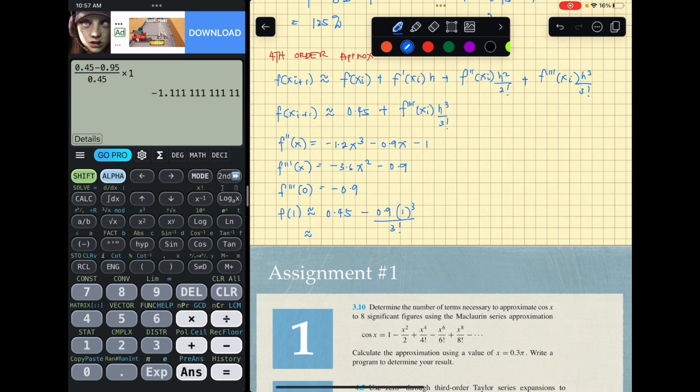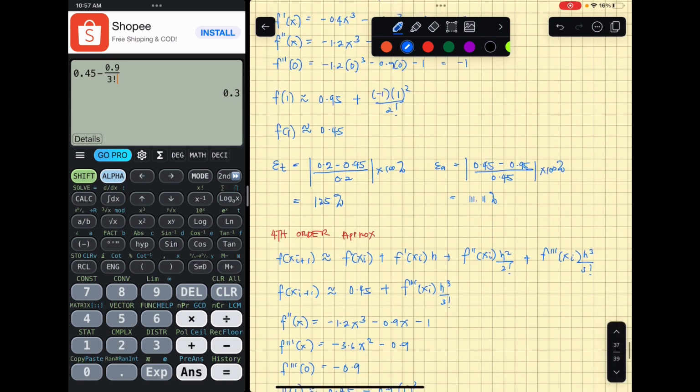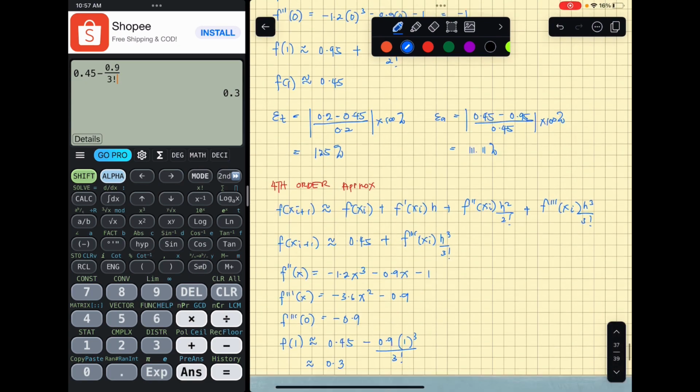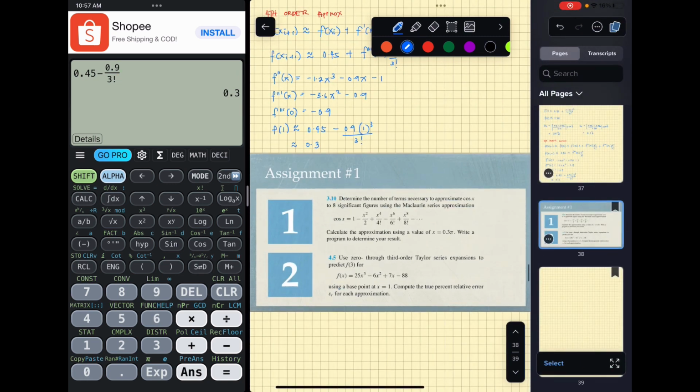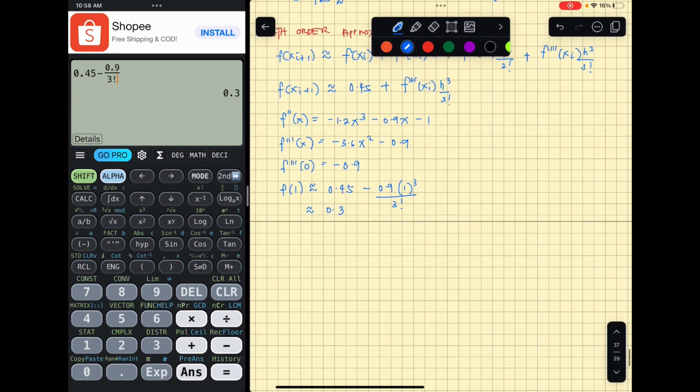So which is approximately 0.45 minus 0.9 over 3 factorial, which is 0.3. So let me add another page.